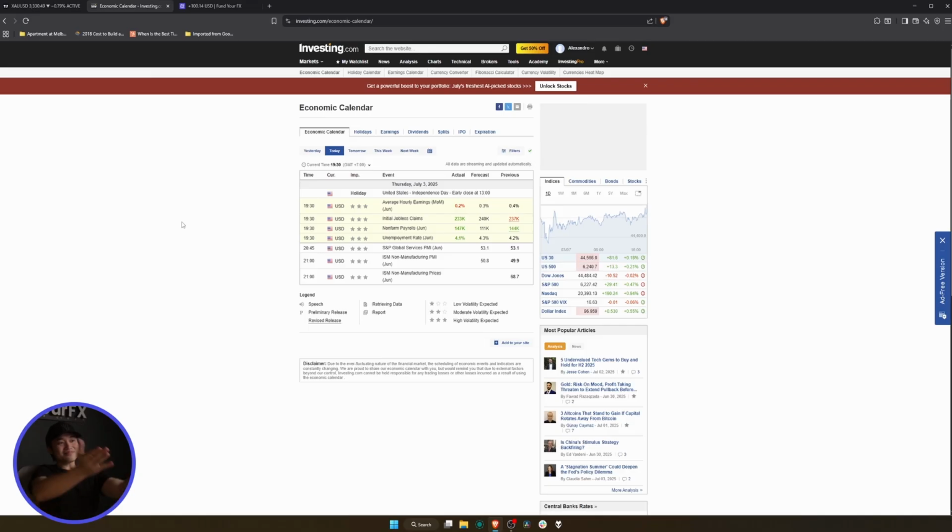The non-farm payroll data for June increased to 147,000 rather than the forecast of 111,000. Like I said earlier, before the data got released, the non-farm payroll data is going to be hotter than the forecast. The unemployment rate is also getting better right here.